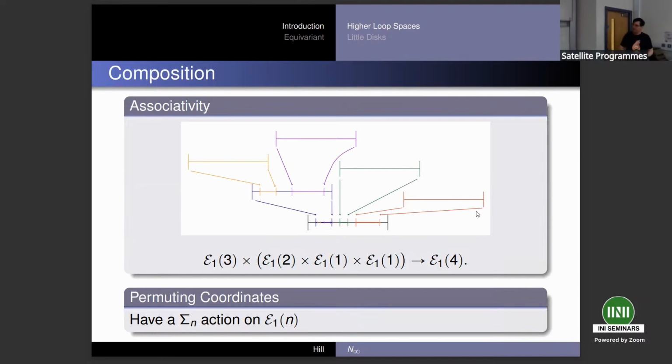The way you should think about it is, as I sort of drew them, I'm slotting intervals into others, and then I can slot intervals in and then further slot those in. And the composition is just that I can embed and then further embed.